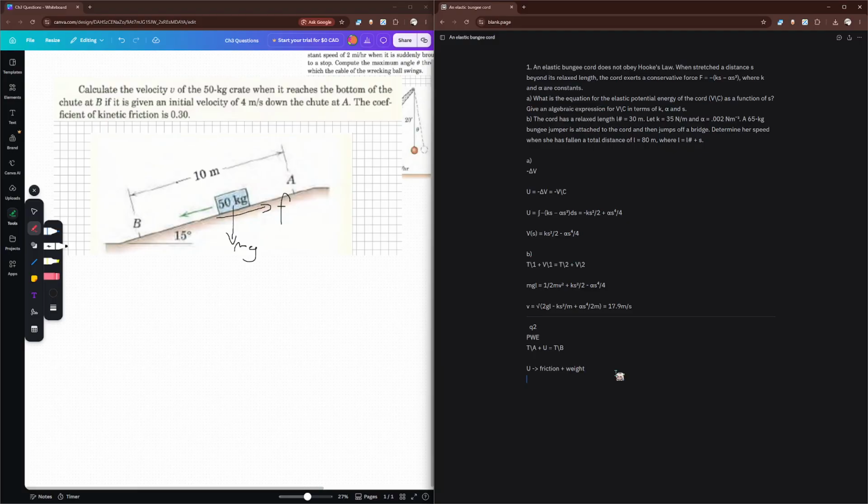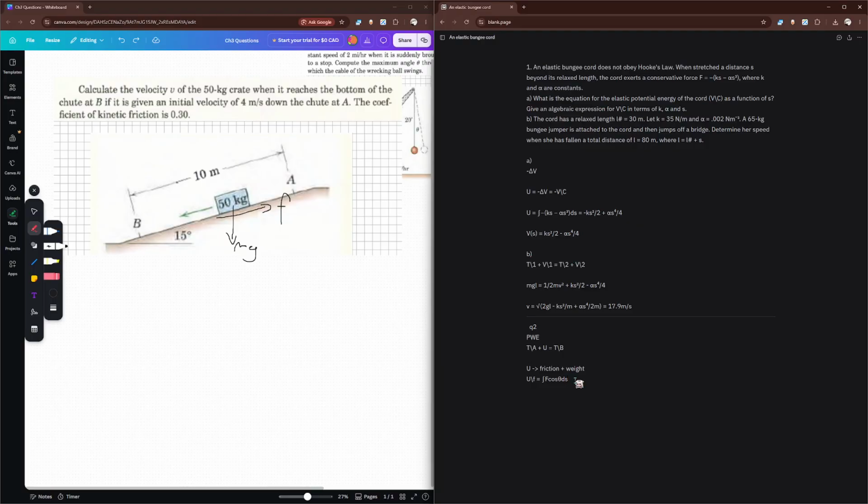Okay, so for friction, we'll call it UF. That is going to be equal to the integral, of course, of F cosine theta ds, where our angle theta is 180. If you look at it this way, the path is this way, so there's a full angle like this of 180. And then the force of friction is mu N, which we know.